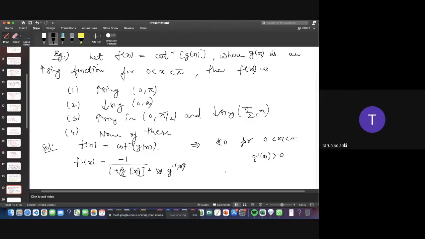So it means f(x) is decreasing in 0 to pi. So option 2 is the correct answer, right?